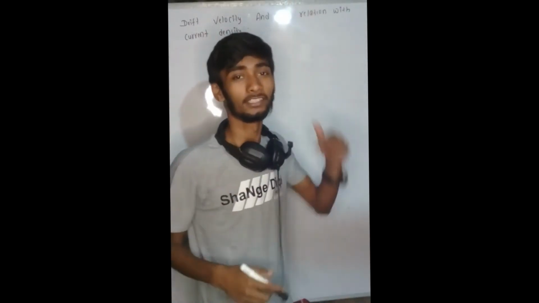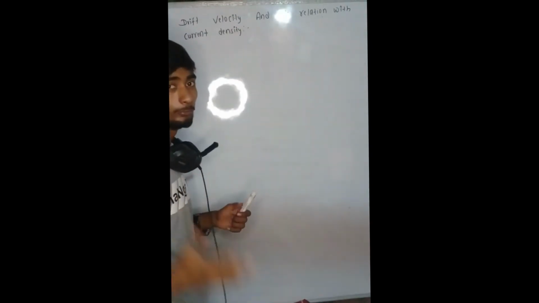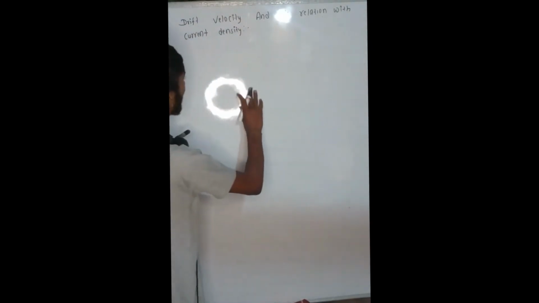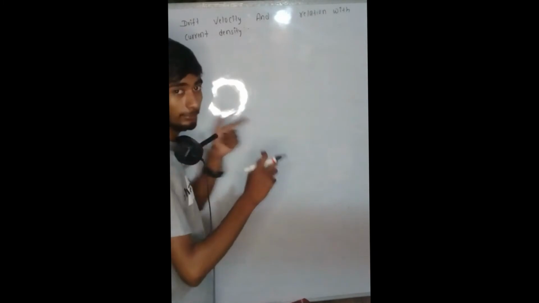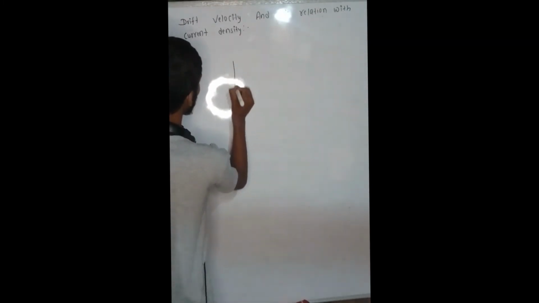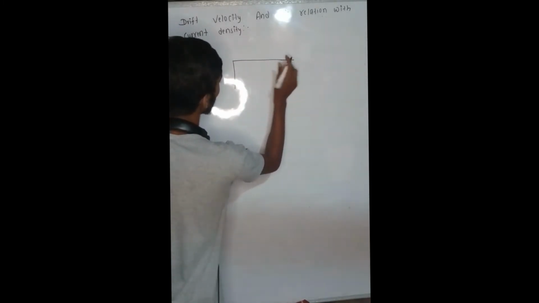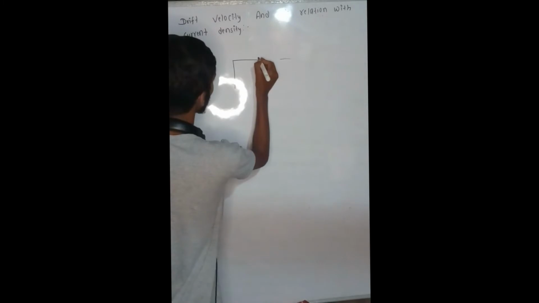Now let's experimentally verify this drift velocity and its relation with current density. First of all, we are going to make the figure for the experimental verification. Let us consider a section of conductor.